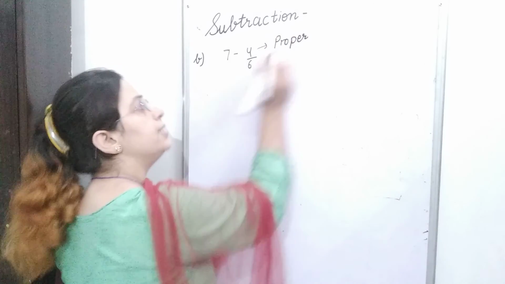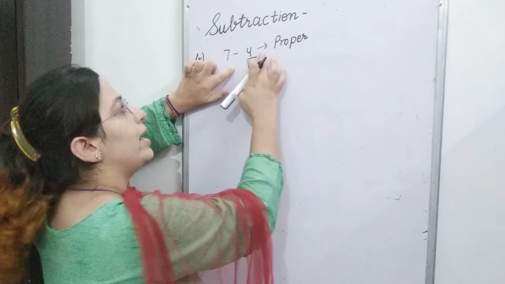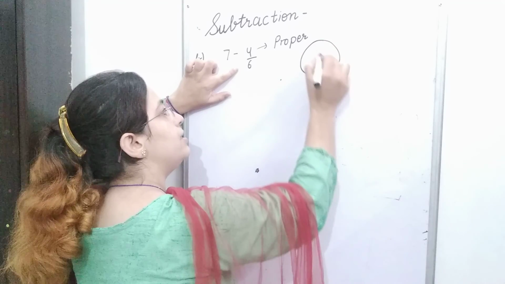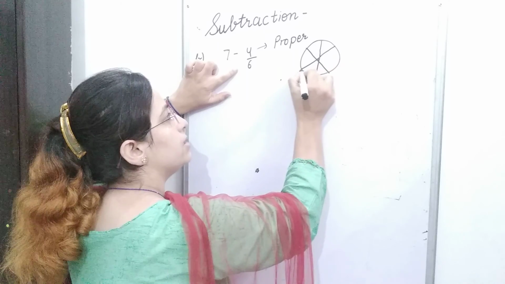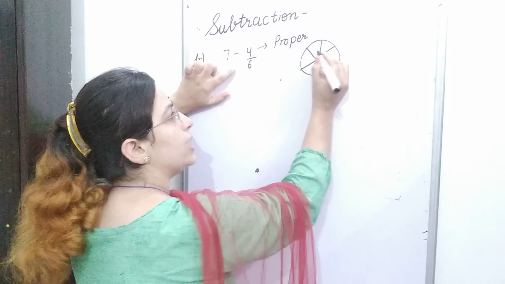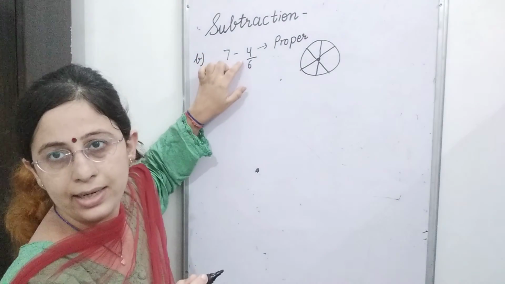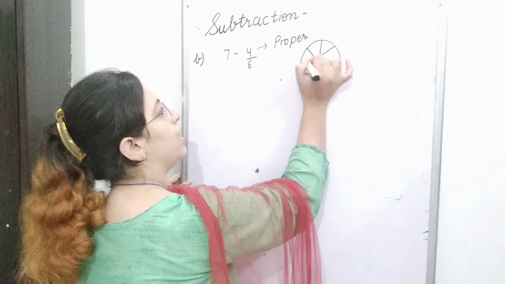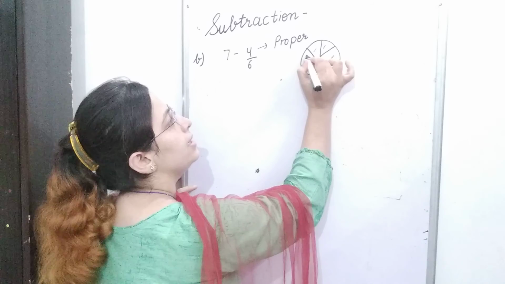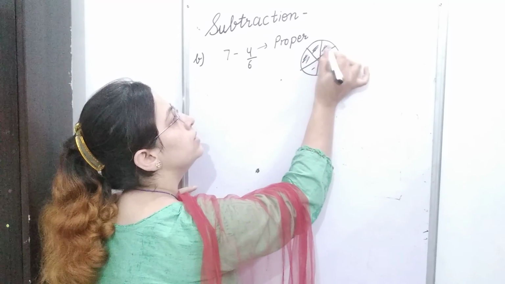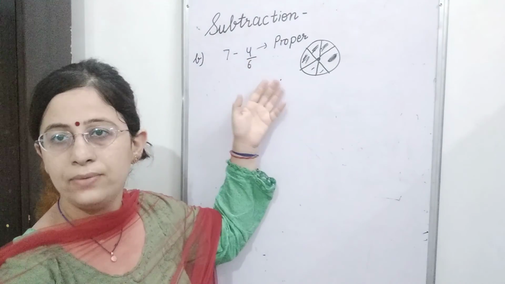Because the numerator is small and the denominator is big. 4 by 6 means I divided a pizza into 6 equal parts, 1, 2, 3, 4, 5, 6, and out of these 6 parts can I eat 4 parts? Right, I can eat 1, 2, 3, 4. So this is possible, that is why it is called a proper fraction.